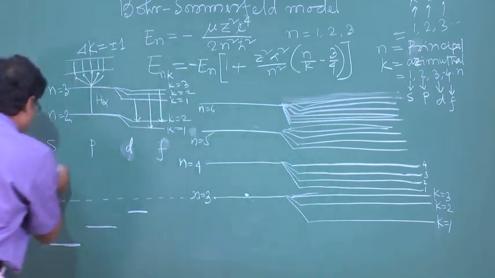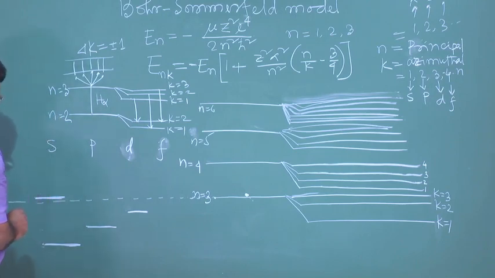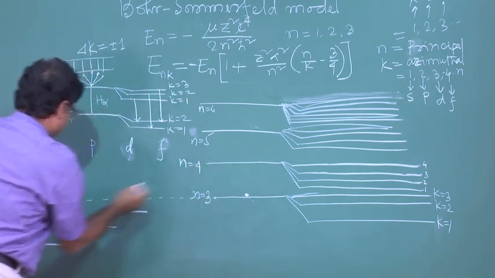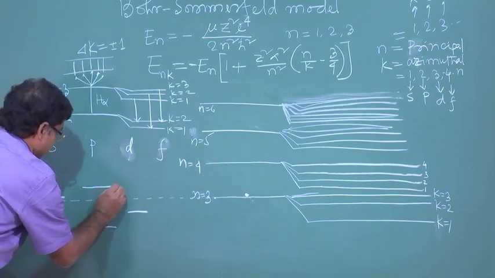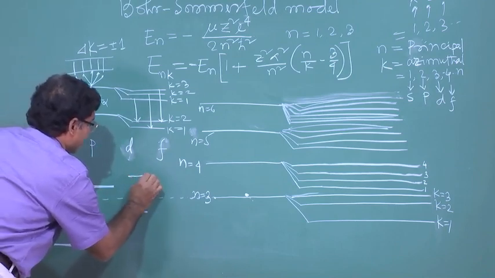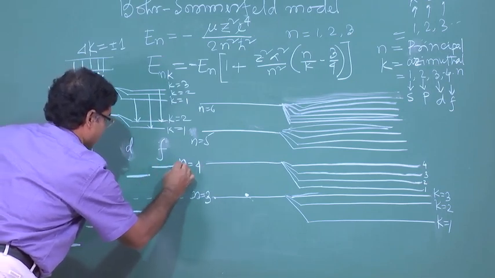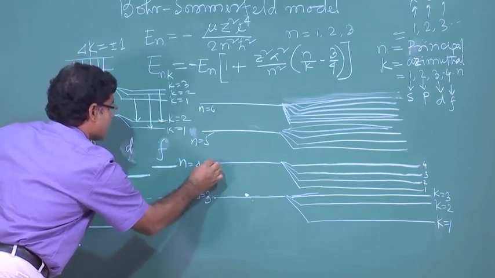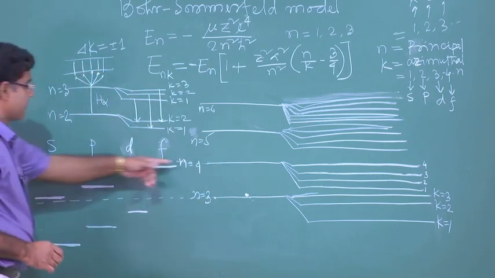So, if I plot the S line like this, then P will be just above it, then D above it, and then F. So, that is its energy level for n equal to 4.